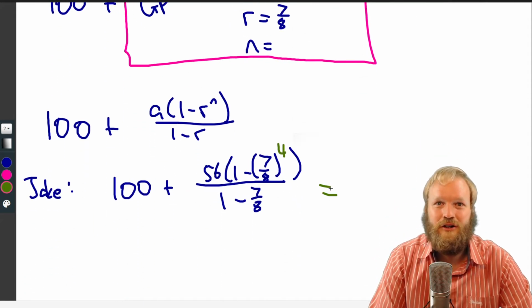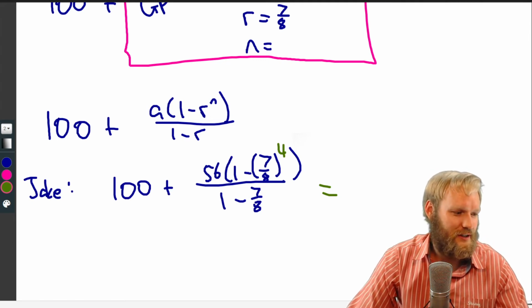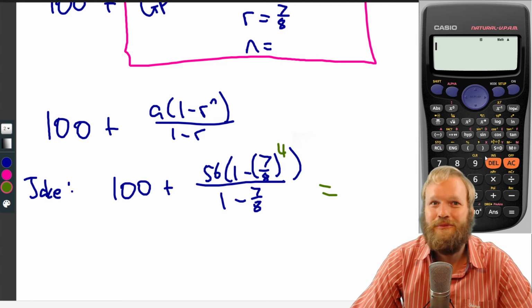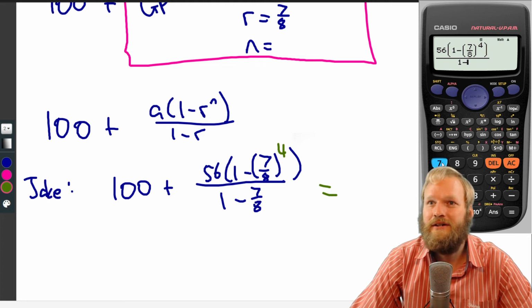Okay, so Jake figures out the height of this thing here, calculator to the rescue: 56 times (1 minus 7/8 to the power of 4), over 1 minus 7/8.